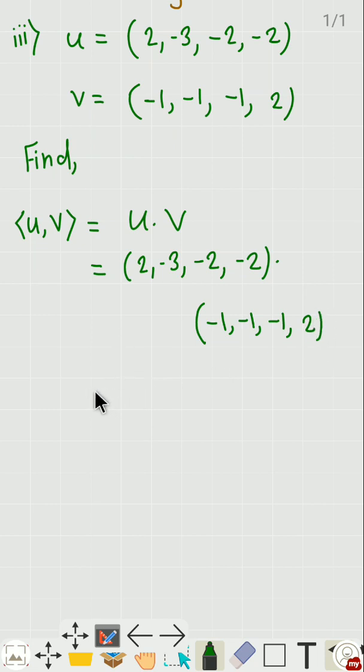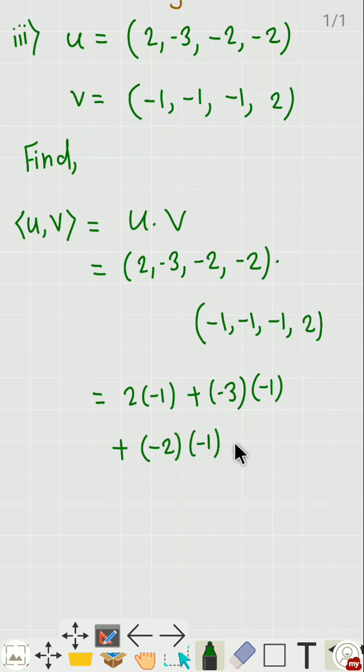The dot product is 2 into -1 plus -3 into -1 plus -2 into -1 plus -2 into 2, which is -2 + 4... plus 3 - 4.